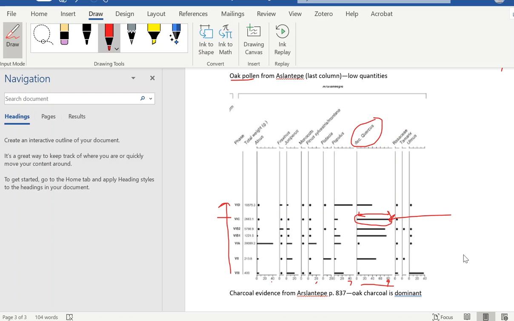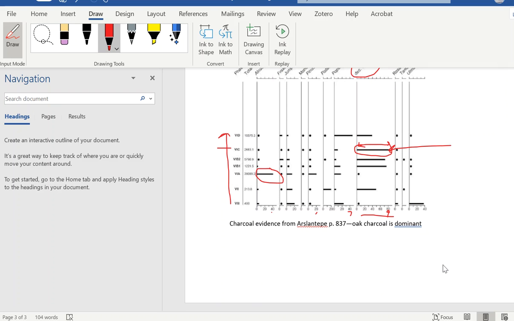So what that means is they're cutting down a lot of oak, and that's what they're using for burning. And then, you can look at the other ones, look up what all these different types of trees are. But this is just one example of how you can read a chart that's about charcoal.